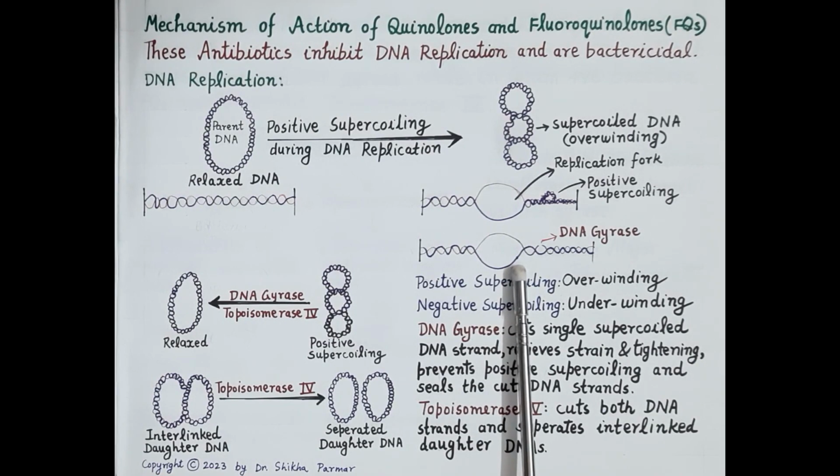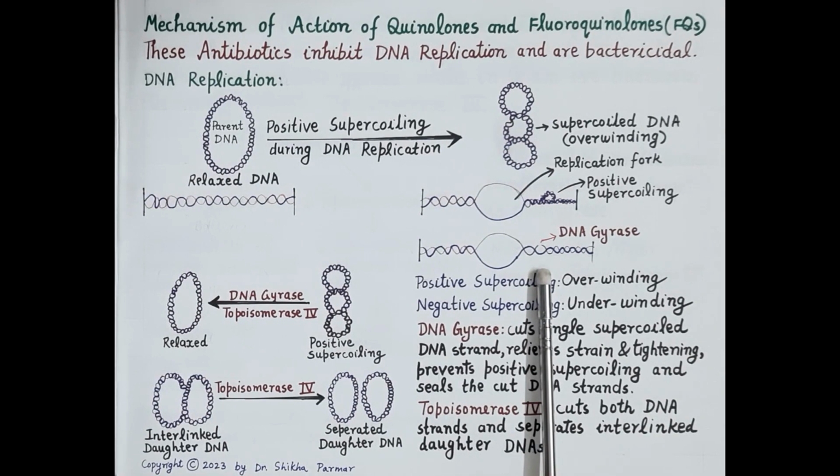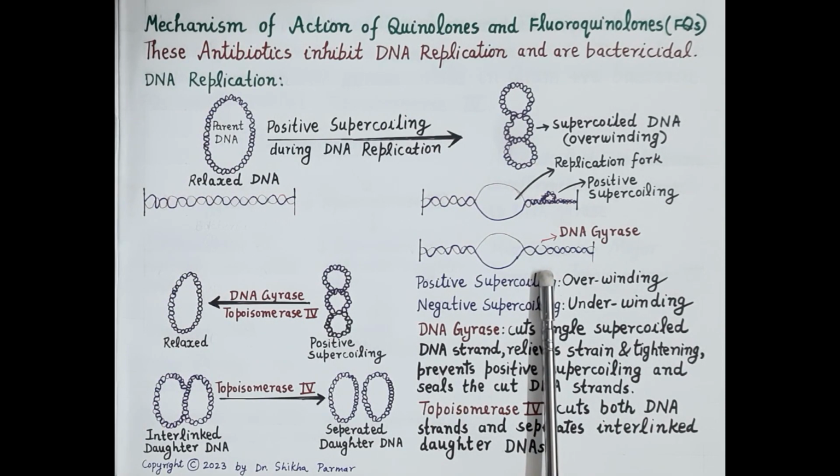What it does is cut one single supercoiled DNA strand. Now cutting, as you can see here in this figure, relieves strain and further relieves tightening in the DNA strand.